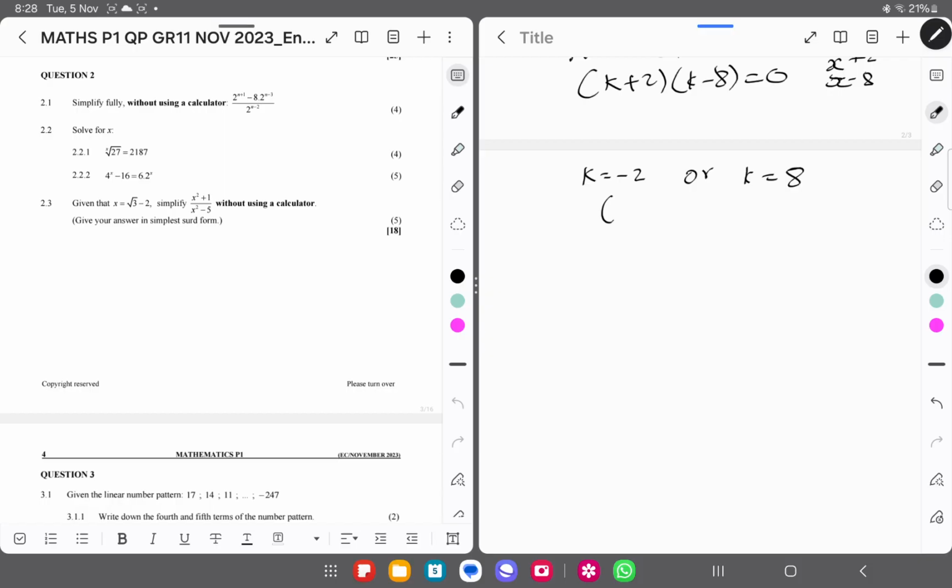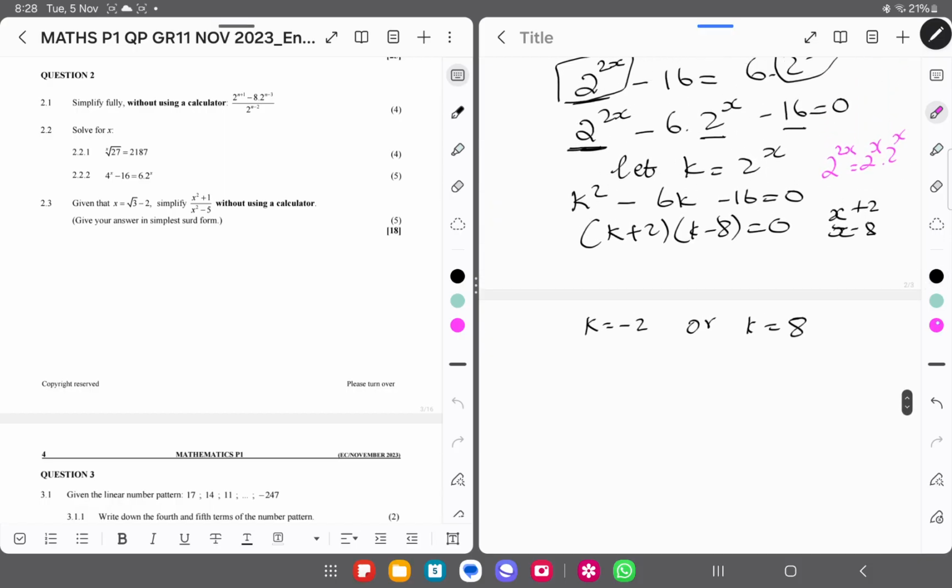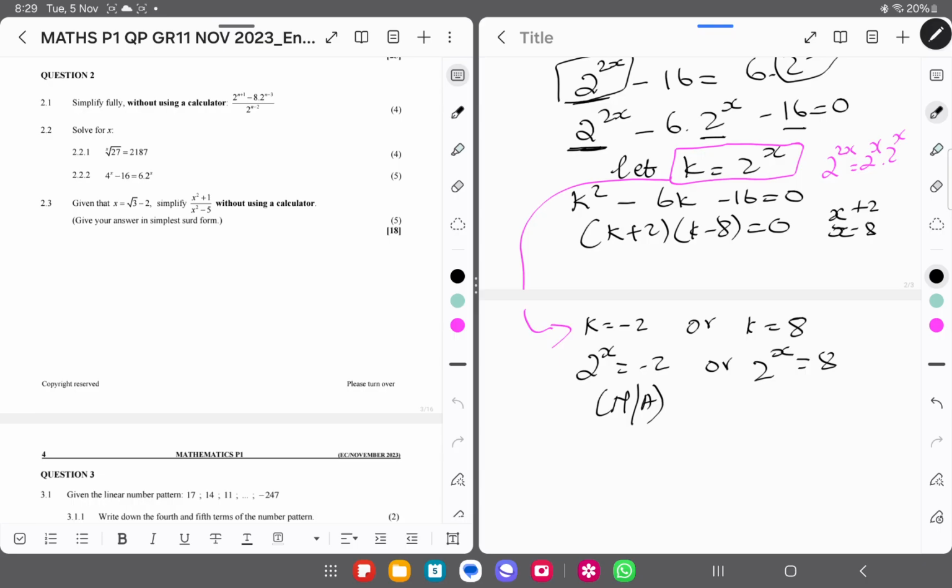Once I'm done, remember I said let k be this. This is my k. So I take this k and substitute here. I'm going to have 2 to the exponent x equals minus 2, or 2 to the exponent x equals 8. This will then be non-applicable. Are we clear on that one?